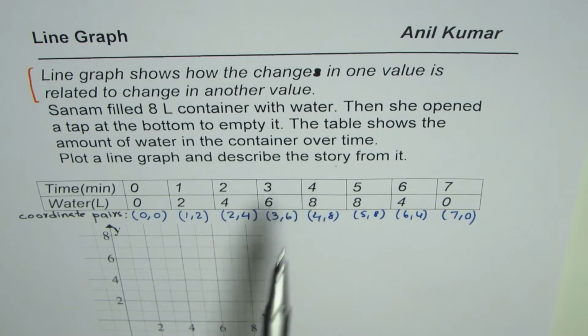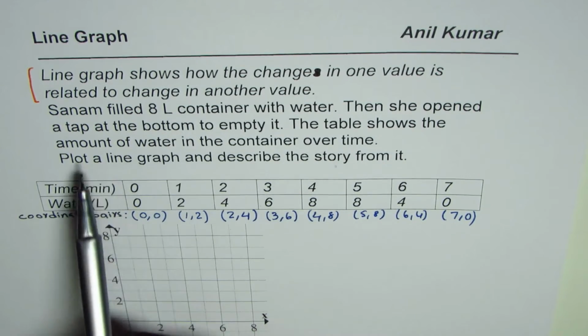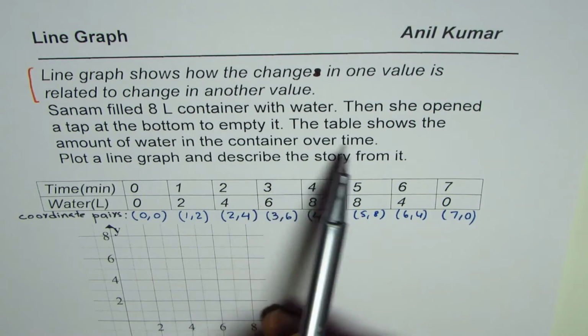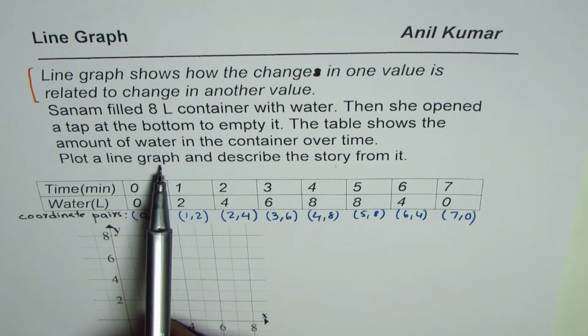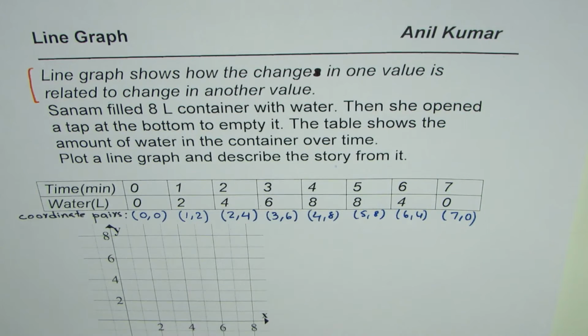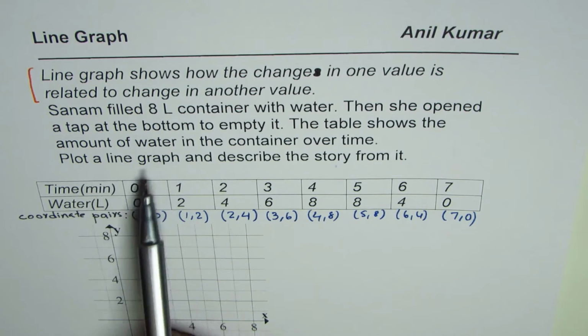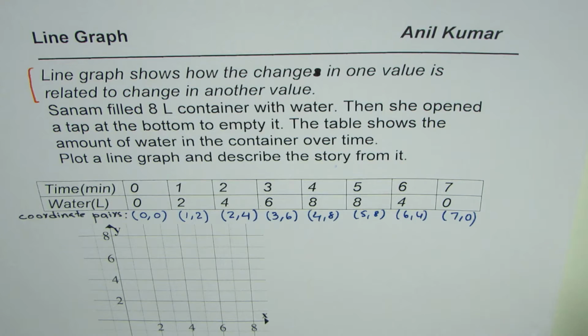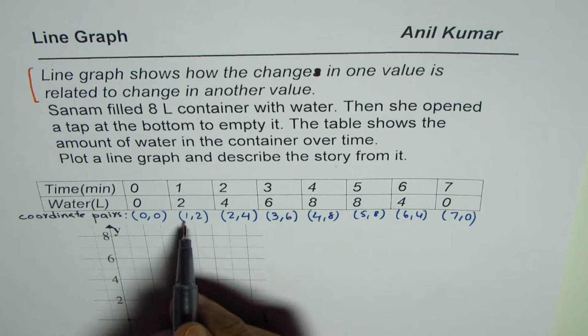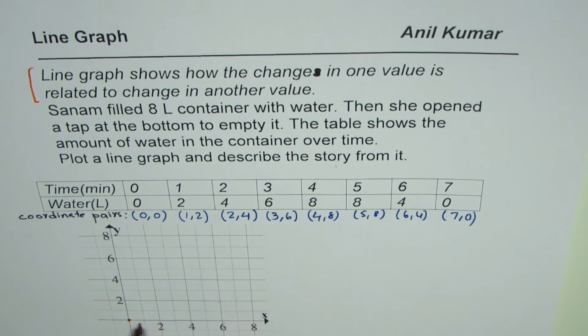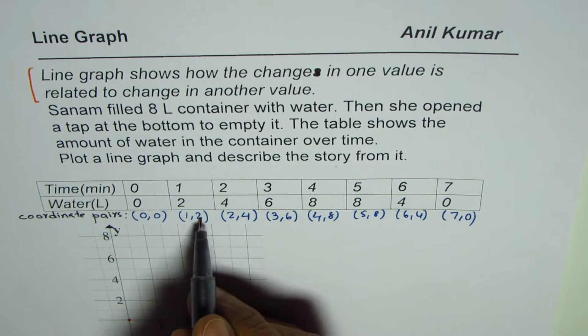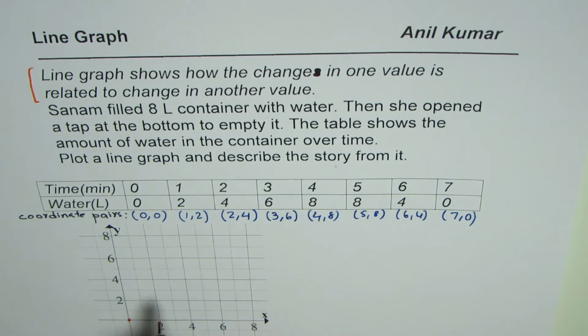The question is, the table shows the amount of water in the container over time. Plot a line graph and describe the story from it. So let's first draw the line graph. Let's begin with (0, 0), which is the origin, where the x and y axes intersect. (1, 2): 1 is the value towards the right, the x coordinate value, and 2 is vertical, the y coordinate value.